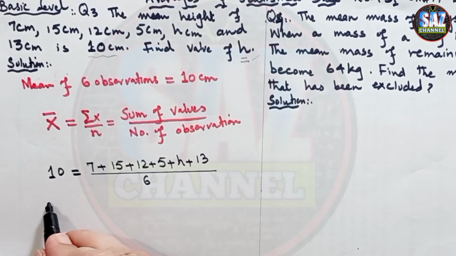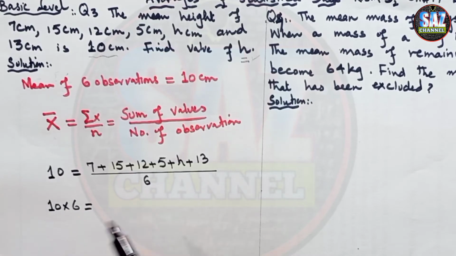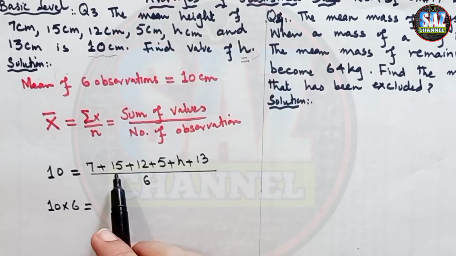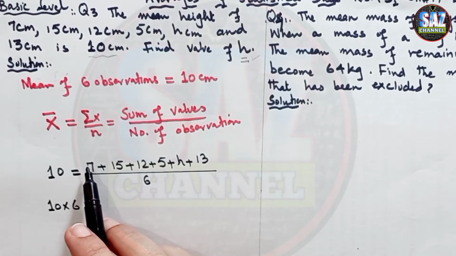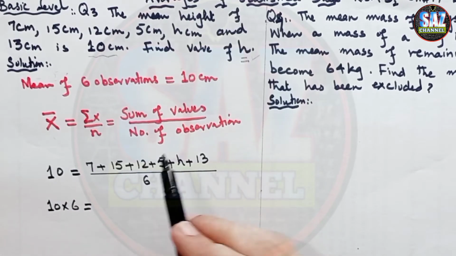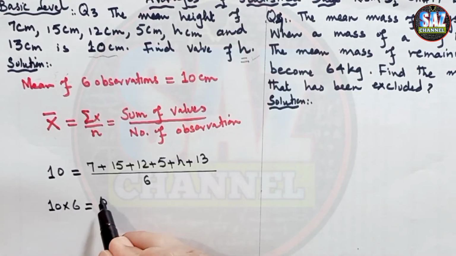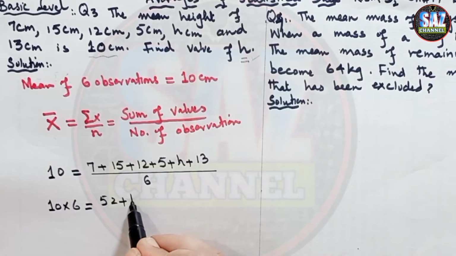Go for cross multiplication. 10 times 6, and then I have to add up the values, but let me reconfirm this. This is 7 plus 15 plus 12 plus 5 plus 13, that is 52, plus h.